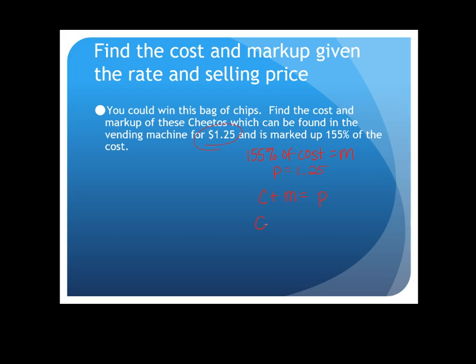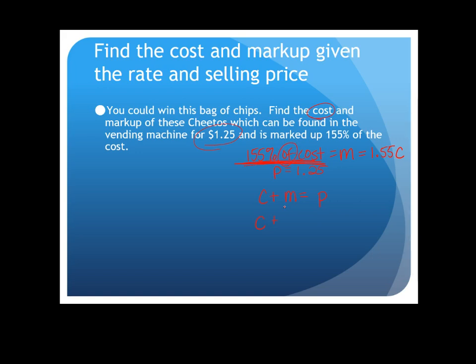I don't know the cost. That's what I'm trying to find, right? And I also don't know the markup, but I do know that the markup is 155% of the cost. So in other words, if I convert this to a decimal, it's 1.55 times the cost, because 155% of tells us to multiply the cost, which I am using the letter C to represent.